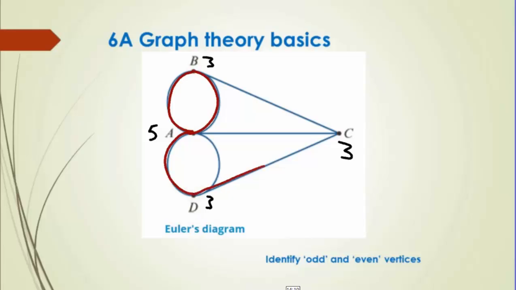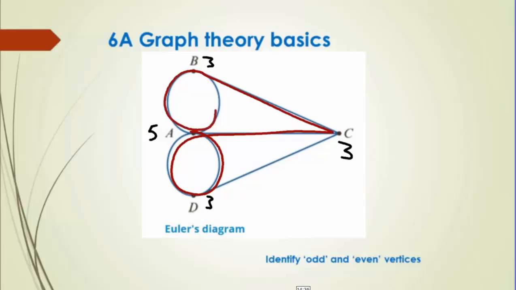Now let's try tracing it. And BC has been omitted, so try starting somewhere else. And again, this time CD is not covered. So what do we do about that? Well, probably build another bridge.